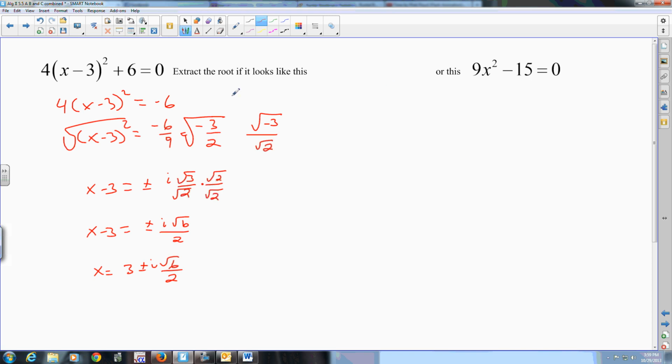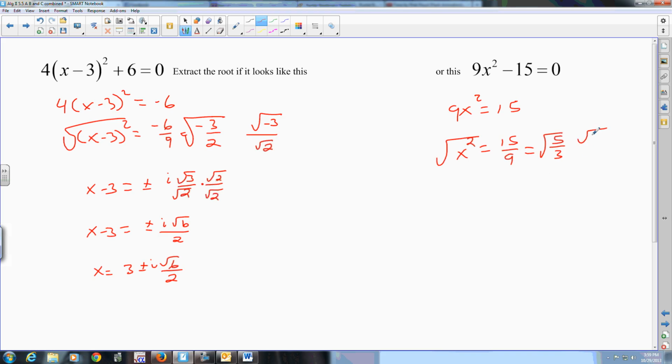If they give you one like this, it's even easier than these. This one, add the 15. Oops, I forgot the 9. Sorry about that. Divide by 9, which reduces to 5/3. Square root both sides.